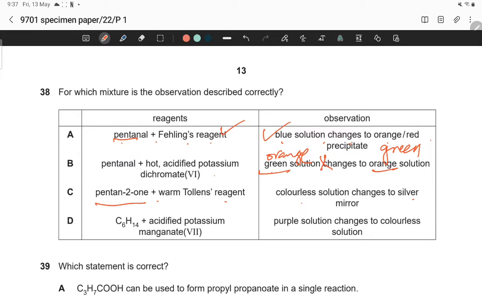Pentan-2-one does not show a positive test with Tollens' reagent. So this is also incorrect. C6H14, this is hexane, plus acidified potassium manganate, purple solution changes. Hexane does not show a positive test, does not react with acidified potassium manganate. So this is also incorrect. So A option is correct.